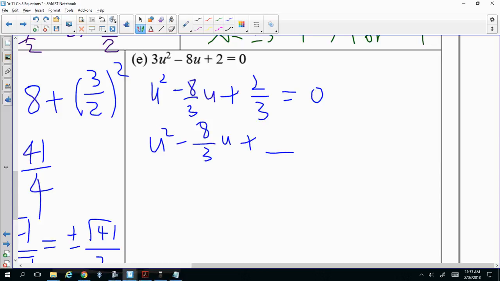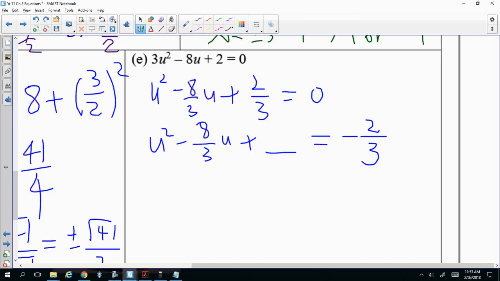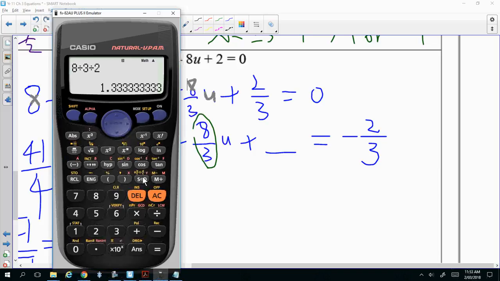And remember what to add. We have to add half of the coefficient of u. What's half of that? You can just ask your calculator that question. 8 divided by 3, half it, divided by 2. Alright, 4 over 3. Remember, improper fraction. And you square it.